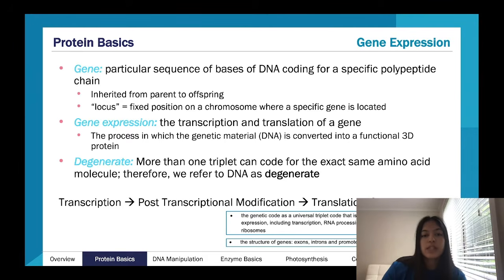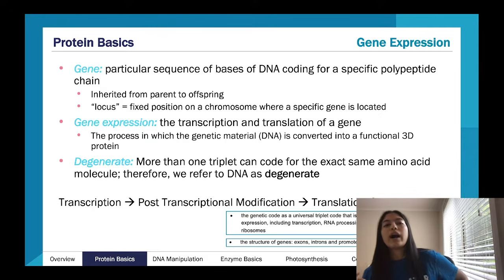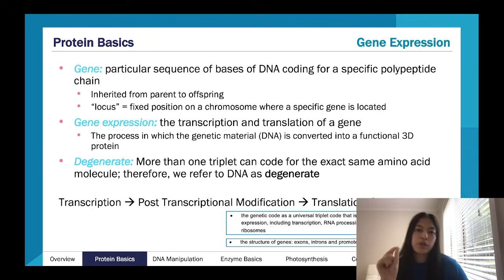Okay, in terms of gene expression, with bio, especially with stuff like this where it's so minute, where you're thinking of little mechanisms inside a cell, it's very good to take a step back and look at it from a bigger picture. So understand gene expression.